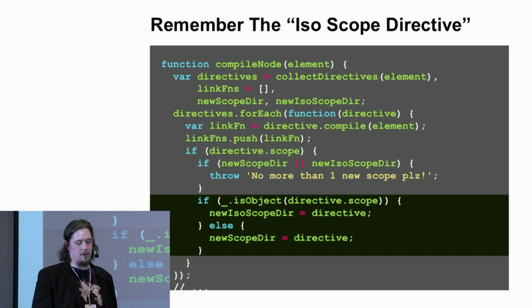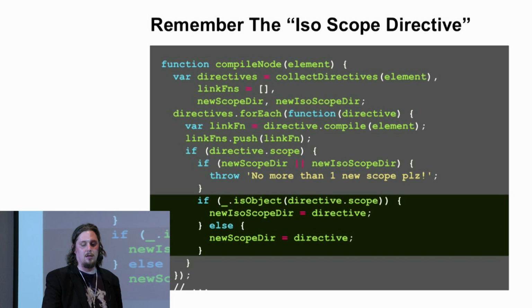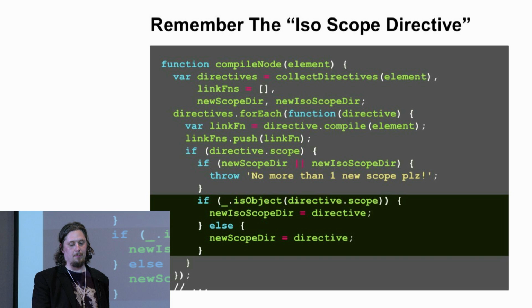And as we then go over the directives and we find some that want to have a scope, we check if that scope value is actually an object, a proper object, instead of just a Boolean or something. Because in that case, it'll be an isolate scope directive. And we put that in that variable instead of the other, which would be a normal inherited scope directive.